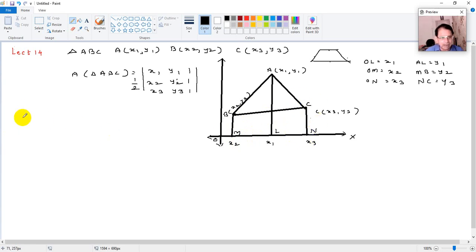मग आपण काय म्हणणार की एरिया ऑफ ट्रायंगल ABC, what it is, it is area of trapezium, TRAP लिहितो नुसतं मी ट्रॅपेझियम साठी. कुठला ट्रॅपेझियम?